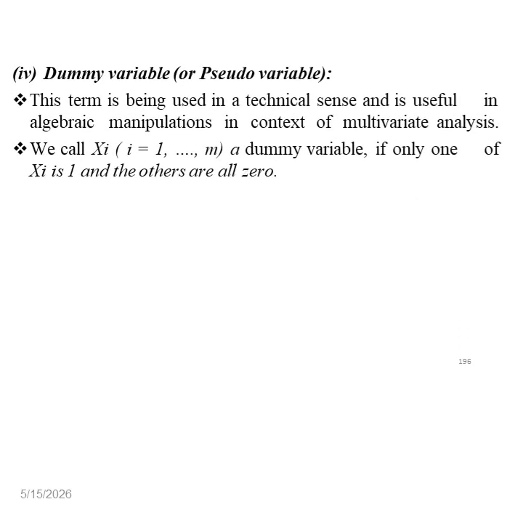The other one, number 4, is the dummy variable or pseudo variable. This term is used in a technical sense and is useful in algebraic manipulation in the context of multivariate analysis. The dummy variable is used in logit and probit terms.